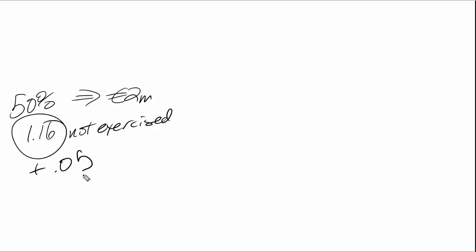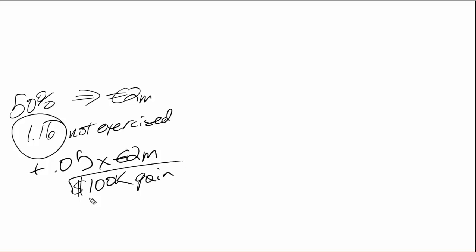But we're only hedged on the 2 million euro, so we're multiplying by 2 million rather than the total of 4 million. Which means we have a $100,000 gain. If it was on the 4 million, we would have had a $200,000 gain, but we have a $100,000 gain on that option.